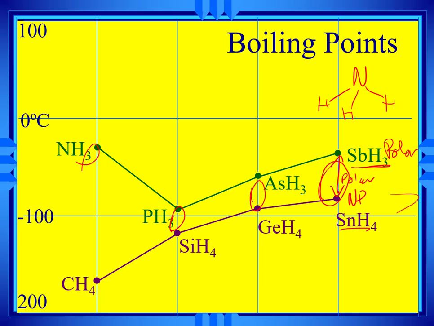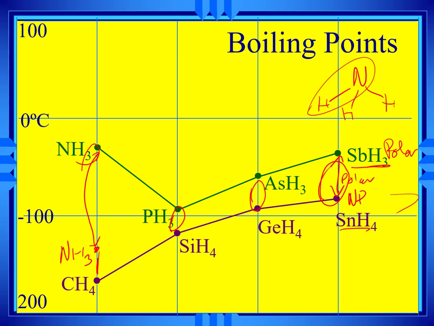But if you follow this trend, NH3 should be down here, shouldn't it? But it's not, it's way up there instead. If it was just polar, NH3 would be here. But what else is NH3 doing? Well, NH3 has N hooked to H. It can hydrogen bond.